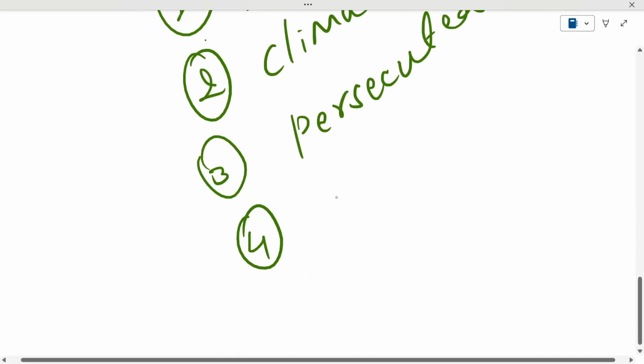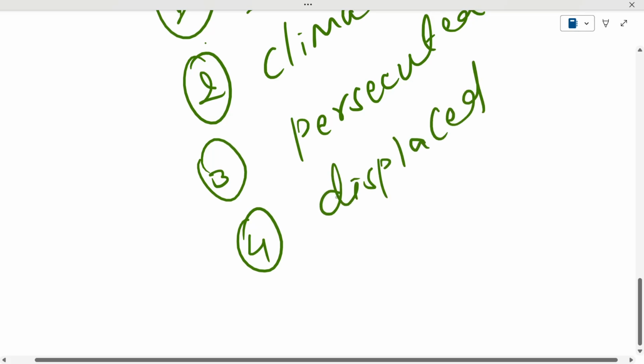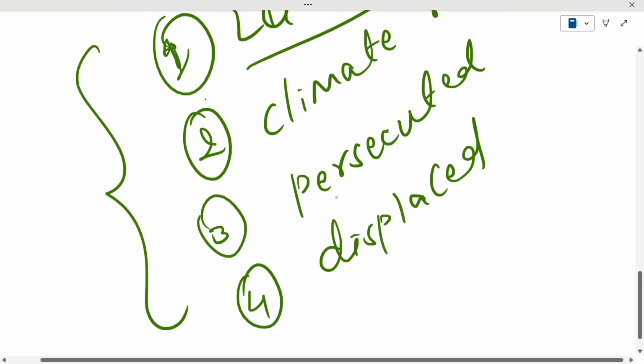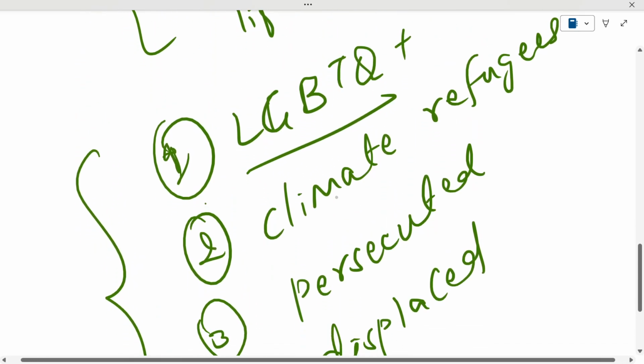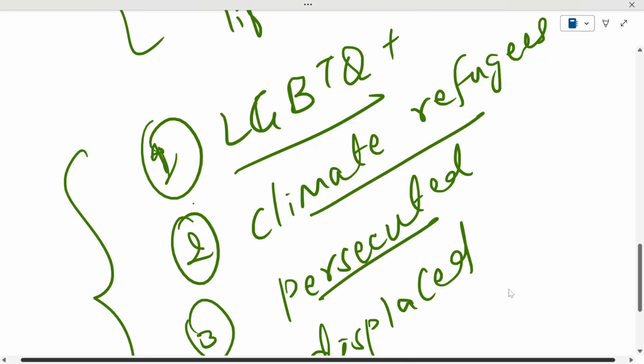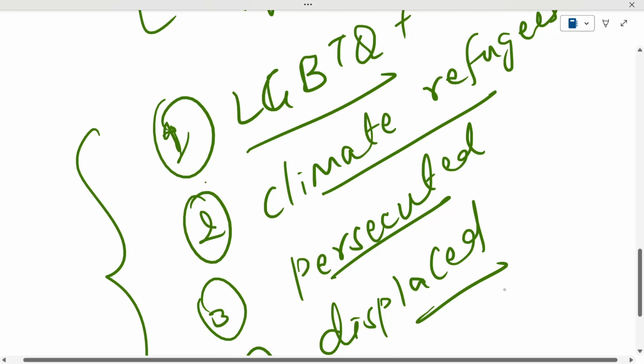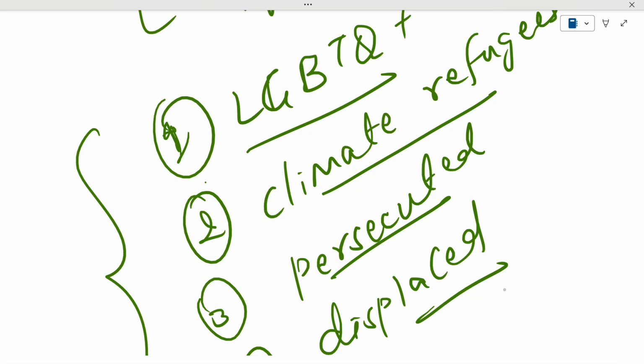And the fourth is about displaced people. All these newly exploited people have come into the larger picture, and they are citing and claiming the same human rights on the ground that if they are born as humans, they need these rights to live a minimum standard of dignified life.